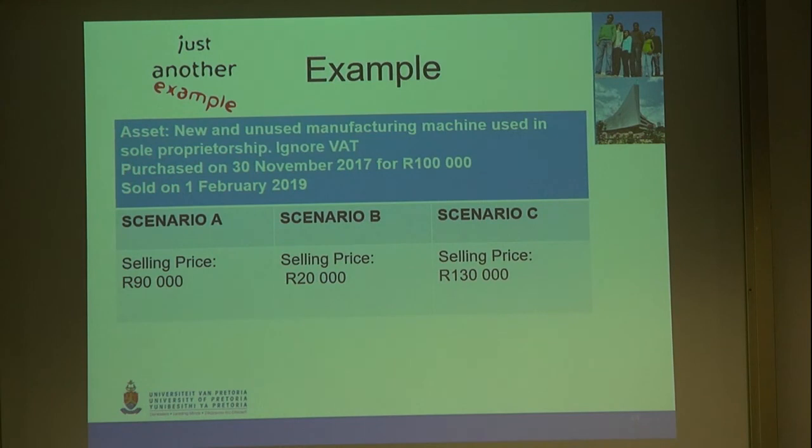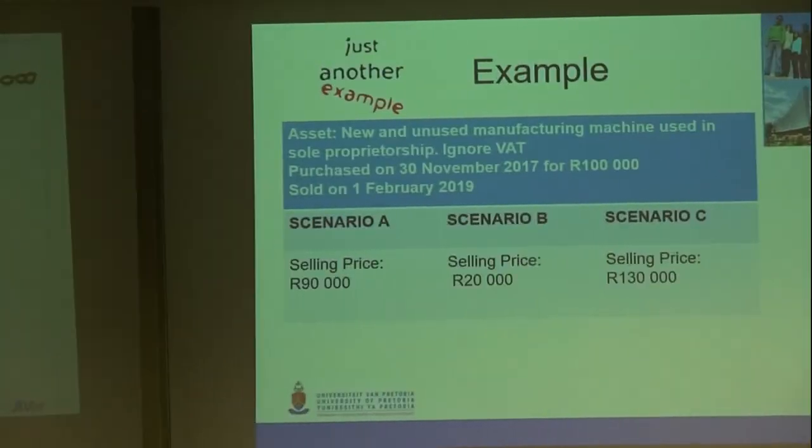So let's quickly work out how many allowances we have had on this asset already. Okay, we know that the cost of the asset, they've told us it was a new and unused machine which they purchased for 100,000 Rand. And it was purchased on 30 November 2017.